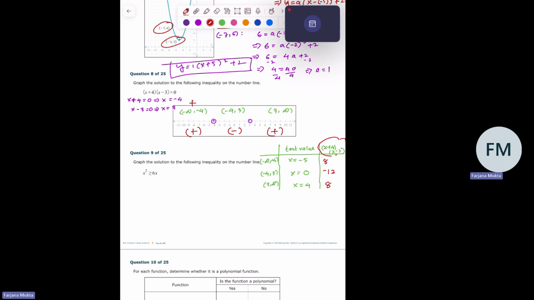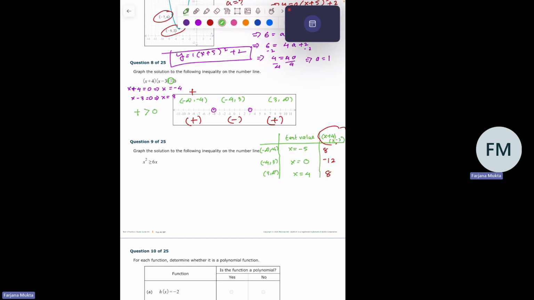All right, now let's check our inequality. According to our inequality, it has to be strictly greater than 0. What does it mean? That means it has to be positive to be strictly greater than 0. And so we are positive on the first subinterval and the last subinterval, correct? Here and here.